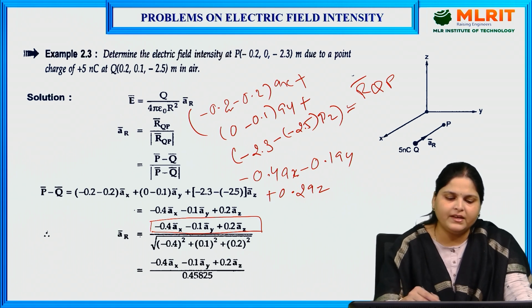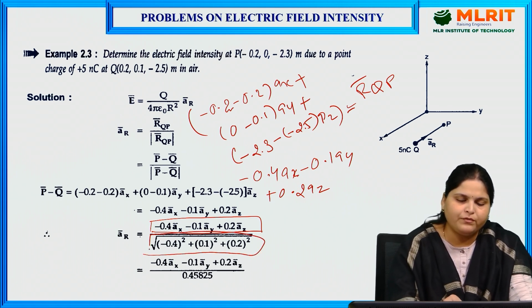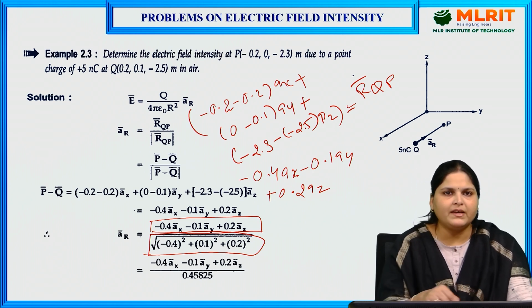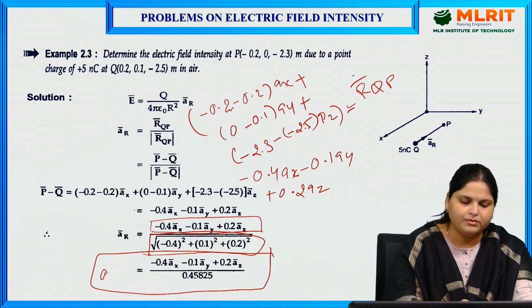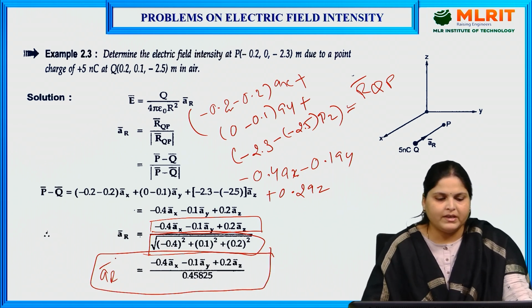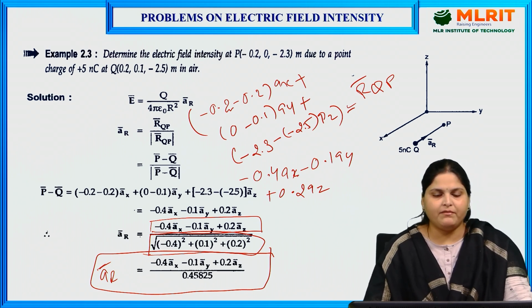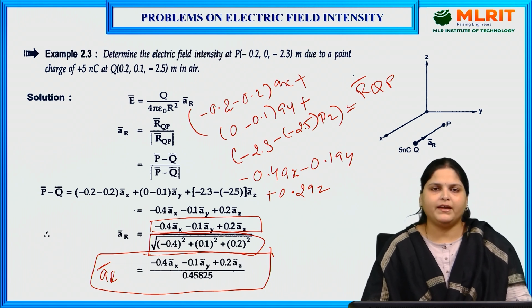So we will take it as under root of (-0.4)² + 0.1² + 0.2². When we simplify this equation, we get AR equals, or we can say, AR = (-0.4 AX - 0.1 AY + 0.2 AZ) upon 0.45825.